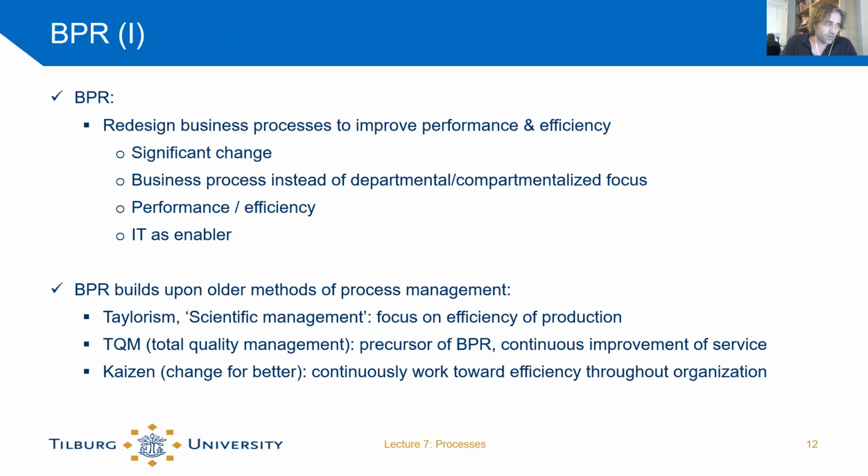So we started out with Taylorism, so Henry Ford and his factory line, which is really what was called the first theory of scientific management, where it really focused on efficiency of production. So the basic factory line to make the Model T Ford. And that was basically before Ford and his Model T, and before Taylor, who basically described this in a scientific way.